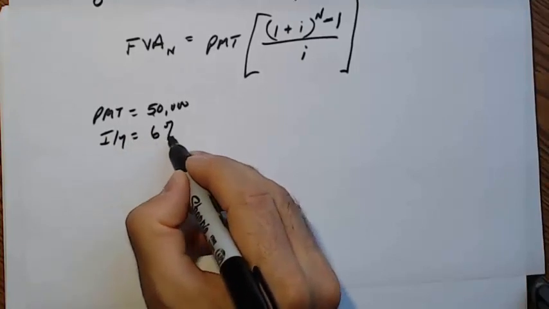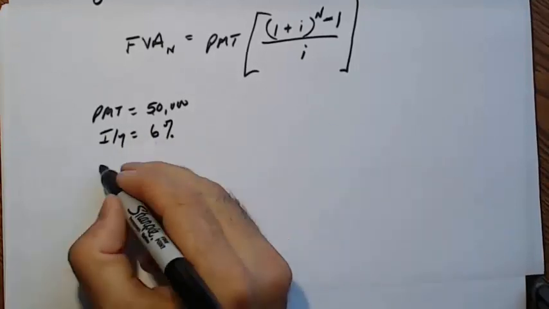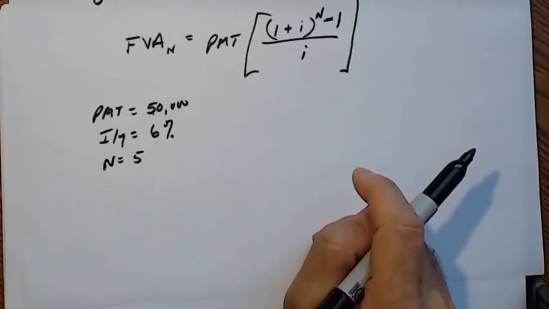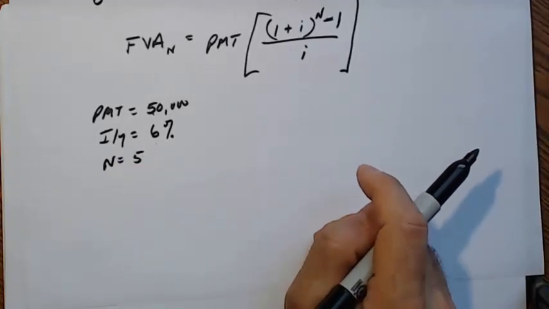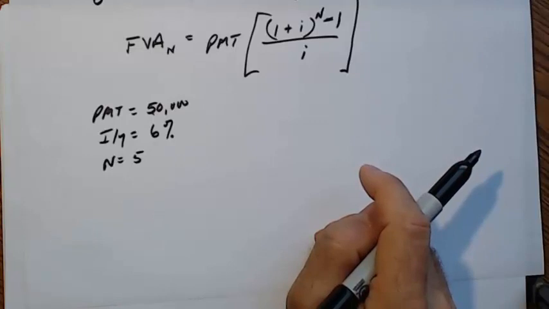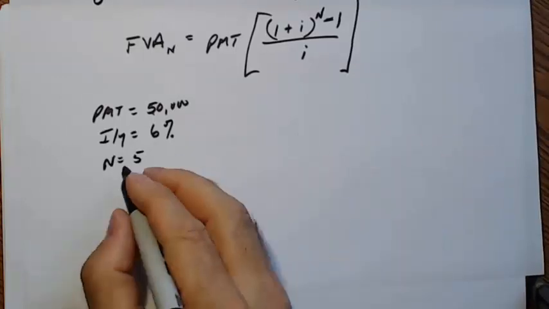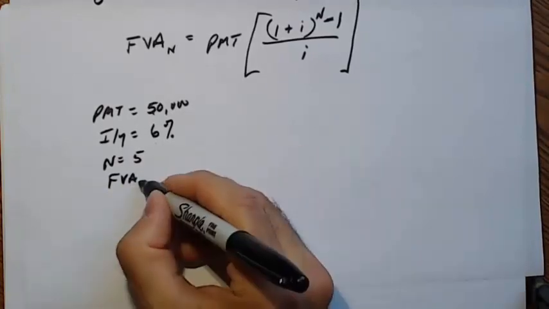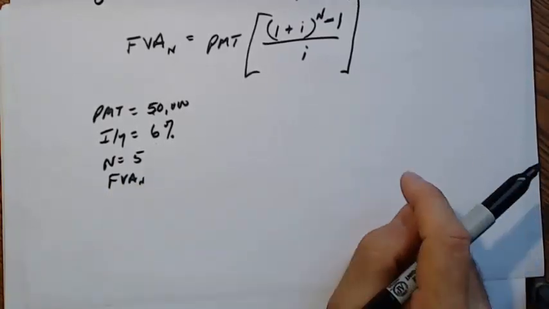I/Y, 6%. Okay, N, remember, it's 5, so write down the important stuff here. And then how much money will you have in the bank at age 65? So it's asking you, what is the future value of this annuity over n periods, which is 5.